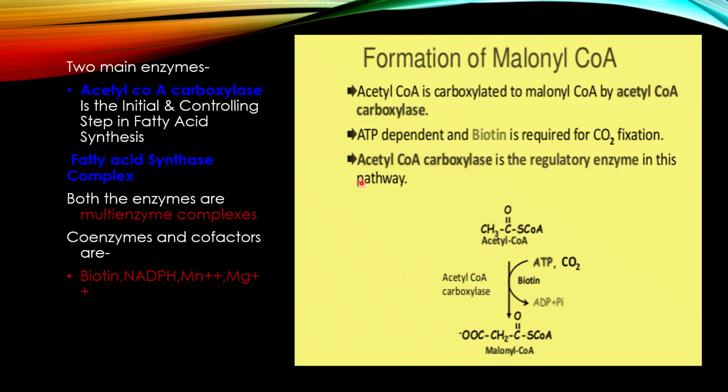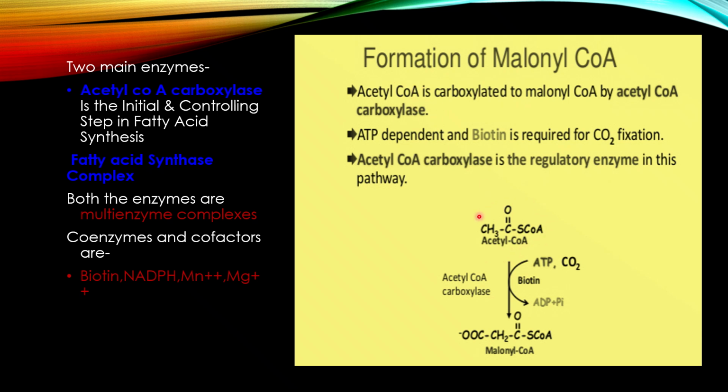Now, move on to the first step of fatty acid synthesis, that is the synthesis of malonyl coenzyme A. So acetyl coenzyme A is carboxylated to malonyl coenzyme A by acetyl coenzyme A carboxylase enzyme. This is a one-step reaction.